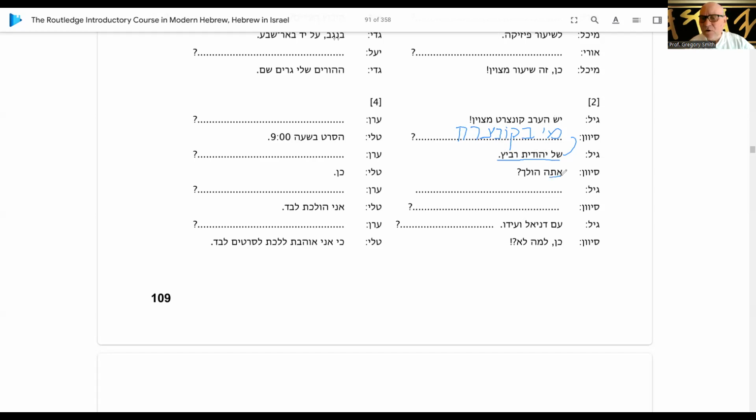Sivan says, Ata holek, are you going? There's a lot of wiggle room here. Gil says, blank, then Sivan, and then im Daniel ve. Looks like these are proper names here. So are you going?